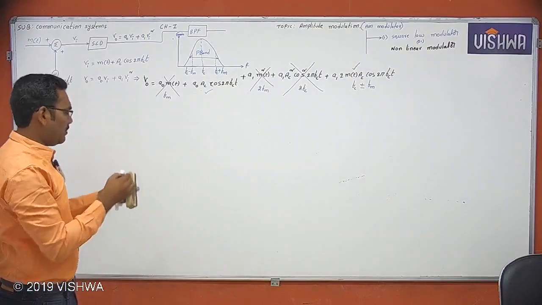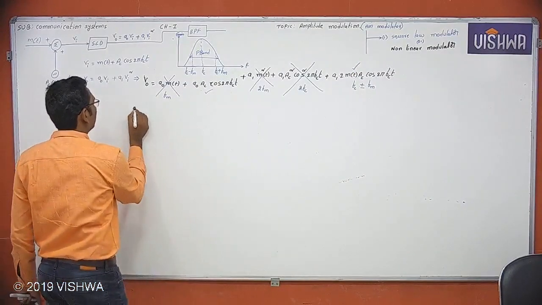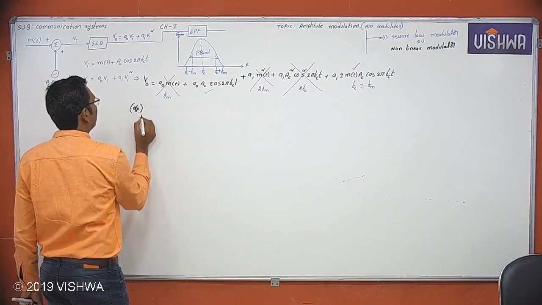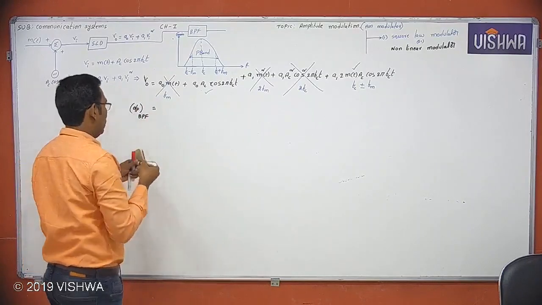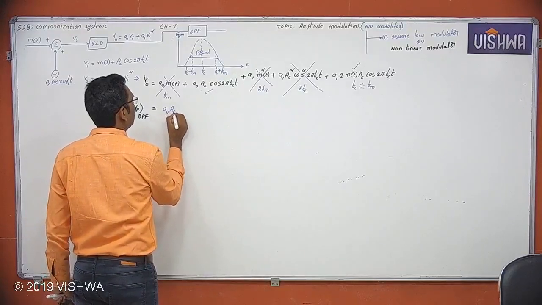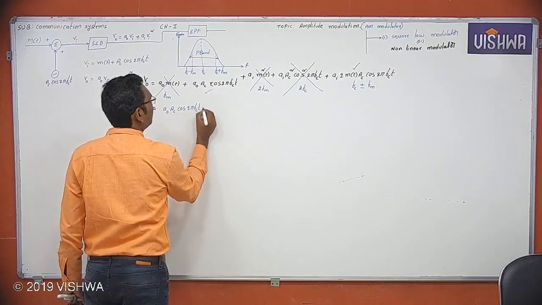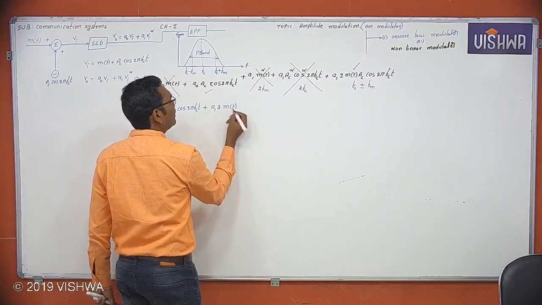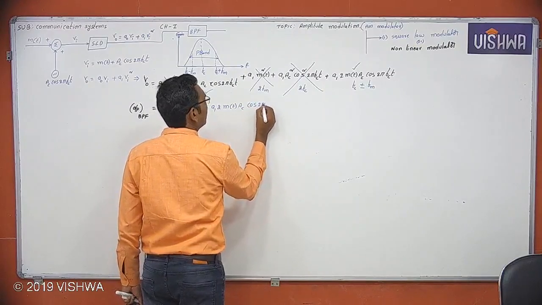So what is the output of the band pass filter finally? It is A naught AC cos 2 pi FCT plus A1 2 m of t into AC cos 2 pi FCT.